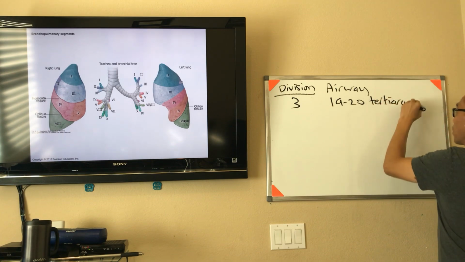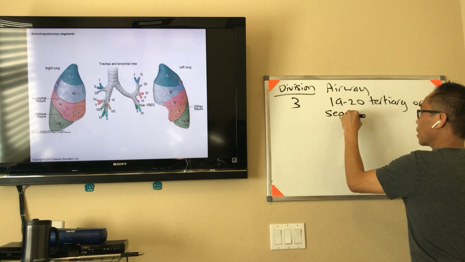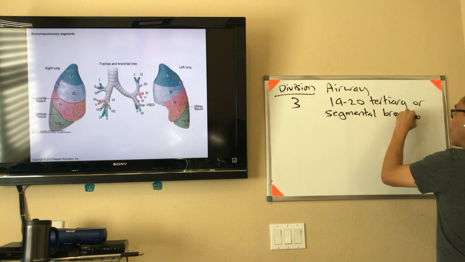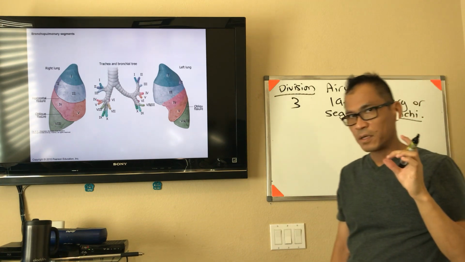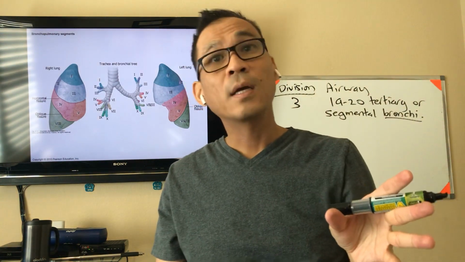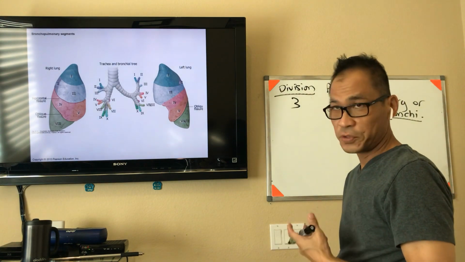Sometimes they're called tertiary or segmental bronchi. Notice we're still calling them bronchi. It's still considered a bronchus, not a bronchiole. Not there yet. But the airways are getting smaller and smaller with each division.